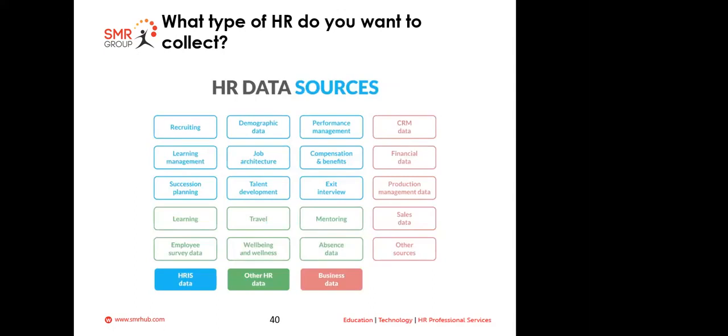The other is other kinds of HR data. And finally, we have business data. These are all the sources available to us internally within our organizations when we want to make sense of data and use them as evidence in our evidence-based practices.